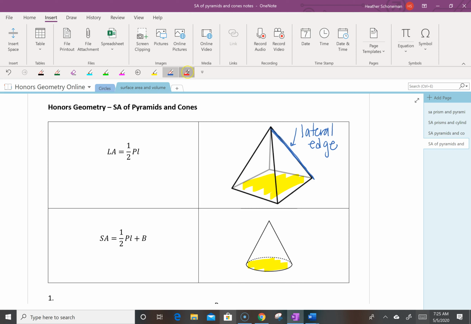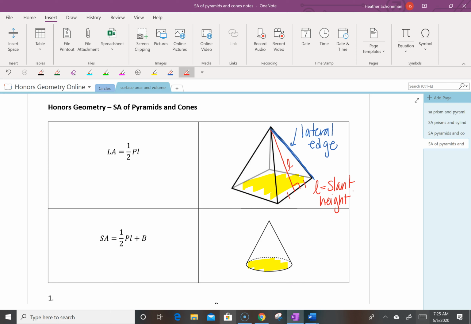The segment you are going to need is this one, and it gets drawn from the vertex at the top down to the midpoint of the opposite side, and it creates a right angle, and we abbreviate it with the cursive L, and this cursive L stands for the slant height. And you need the slant height when you are calculating lateral area and total surface area of pyramids and cones.